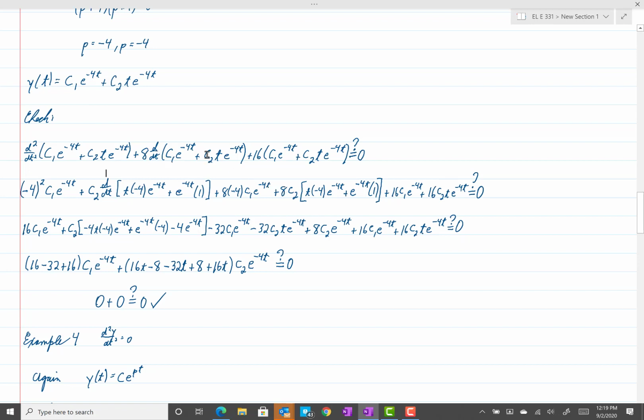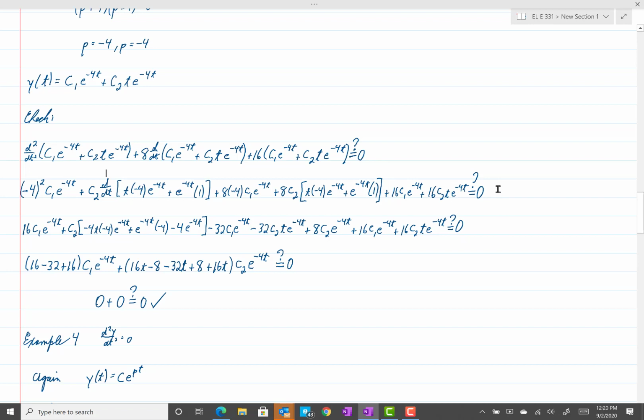The derivative will come inside the c2, so I'm going to write down c2, and then what's left is the derivative, and we've already calculated the derivative of that term, so we just have the same thing. Notice that this bracketed term and this bracketed term are exactly the same. And then we'll have 16c1 e to the minus 4t there, and 16c2t e to the minus 4t there.